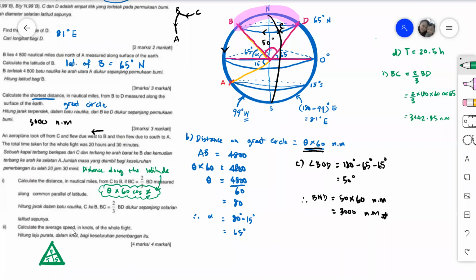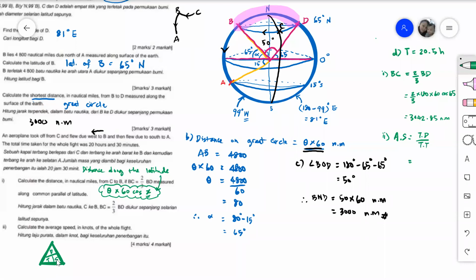Over here, we use nautical miles and knots. Since we have the time, and we need to find the average speed, cover the S. We take the distance over the time. So average speed equals the total distance over the total time.